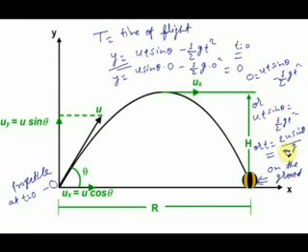So after this time, that is 2u sin theta by g, the displacement along the y direction is again 0. So this is our time of flight, that is t is equal to 2u sin theta by g.